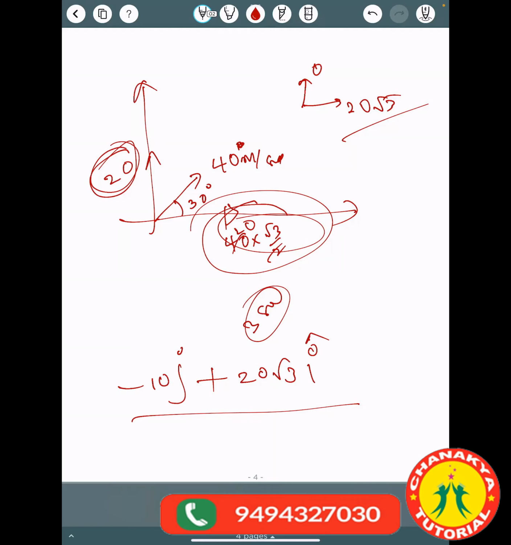You have to study at least some 10, 12 hours. So you divide it into 4 and 8. 4 hours you study physics, 8 hours you give to your exam preparation. Okay, sir.